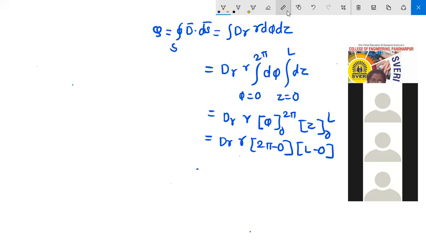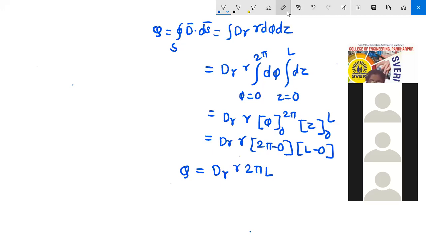So it is equal to dr r 2 pi L. So it is nothing but your Q, right? It is nothing but your Q.